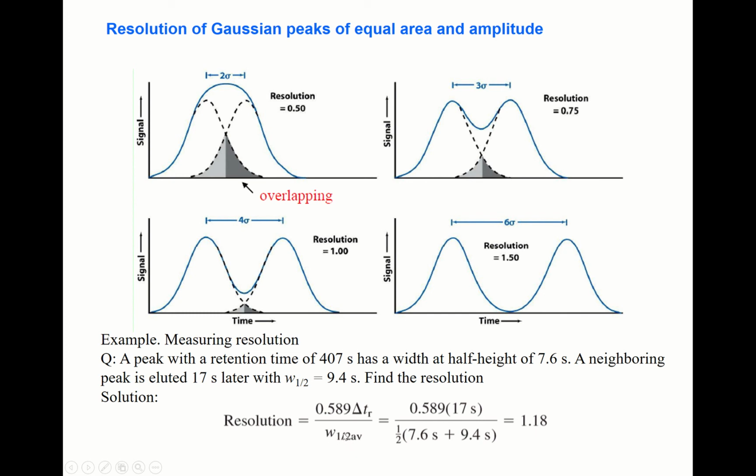The first half height width is 7.6 seconds, and the second is 9.4 seconds. Since it is an average, you add and divide by 2, and the resolution is 1.18. So the resolution is no good, because it is smaller than 1.5.